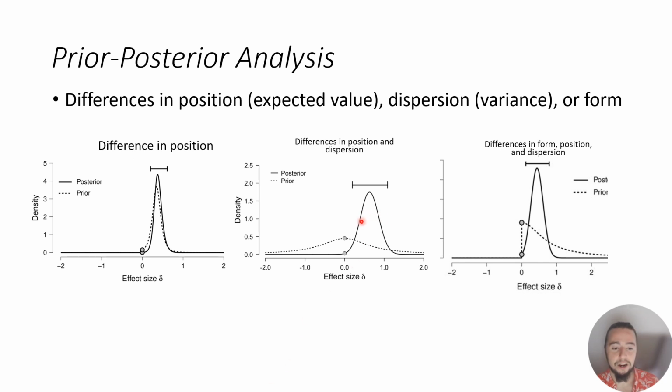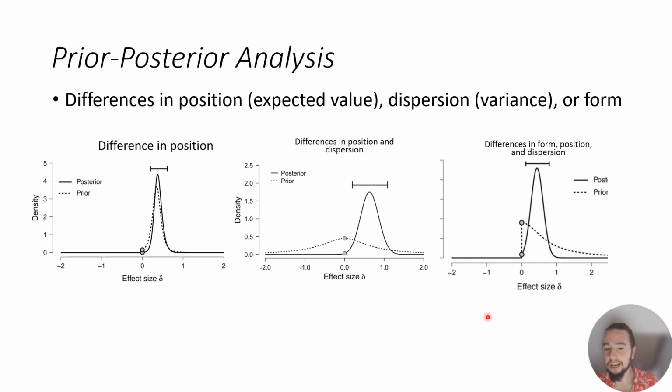For example, here we have a prior that had a much greater variance than the posterior because it's way more platykurtic, and the posterior is way more narrow. And also the expected value here is different from the posterior's. So we can search for differences in position and also in dispersion.